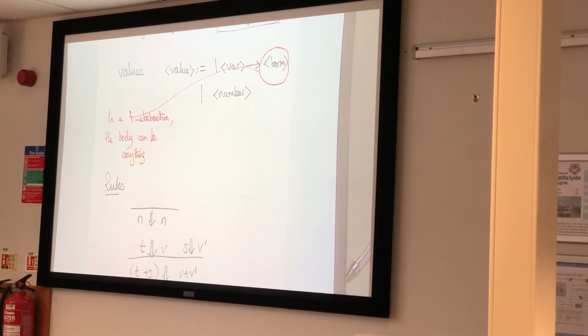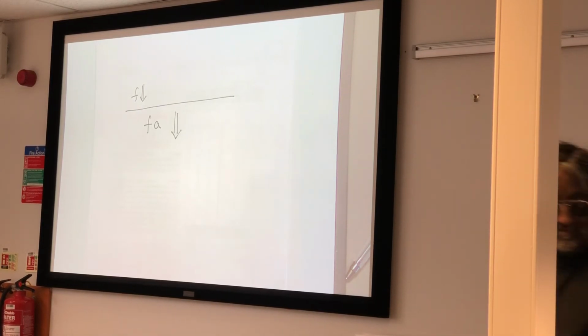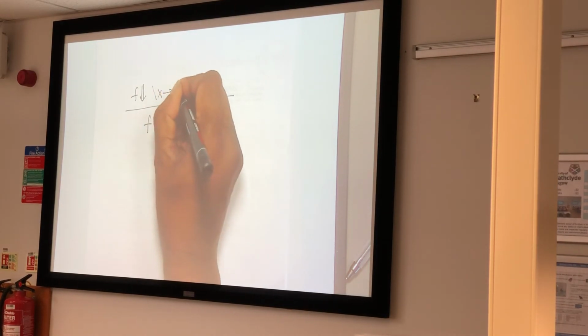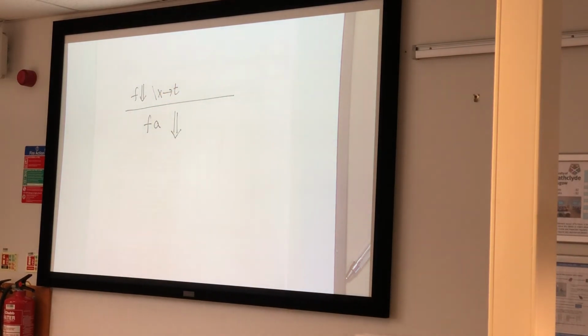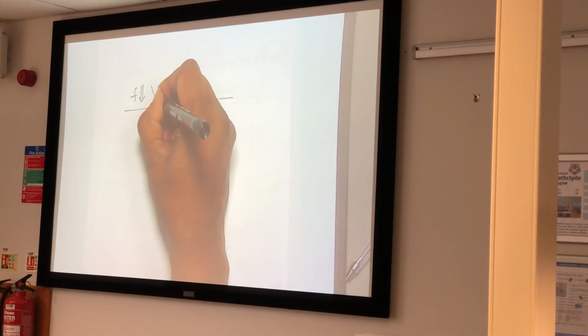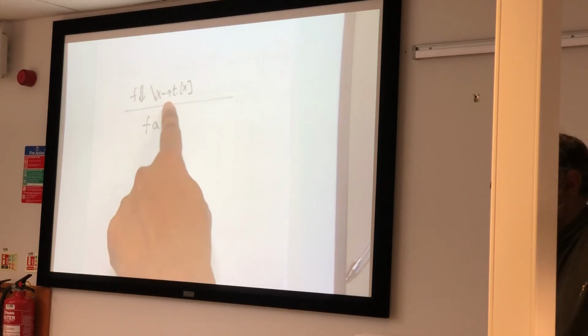So your turn next. What should we write? V? Well, V would be any value, but I don't want it to be any value. I really want it to be a lambda abstraction. So it will be the lambda x arrow t thing. So this says, let's find the meaning of f, and let's make sure it's a lambda term.